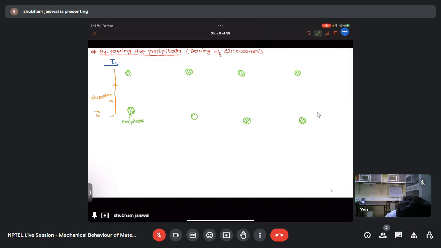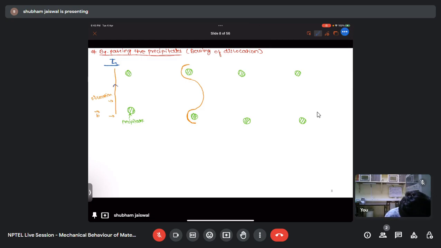So it will bow, it will go something like this. Okay, so this is the line vector.